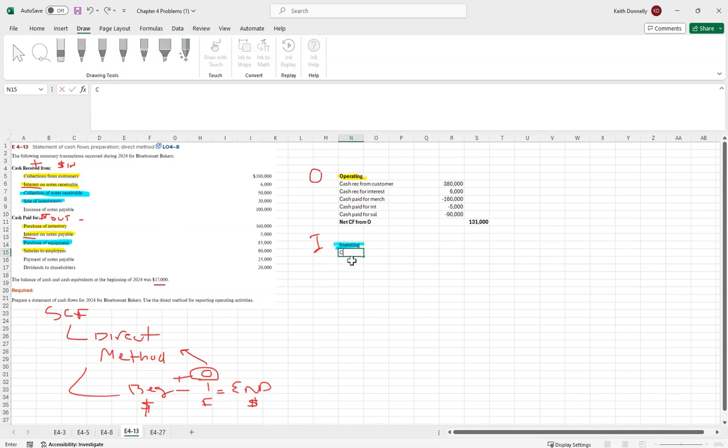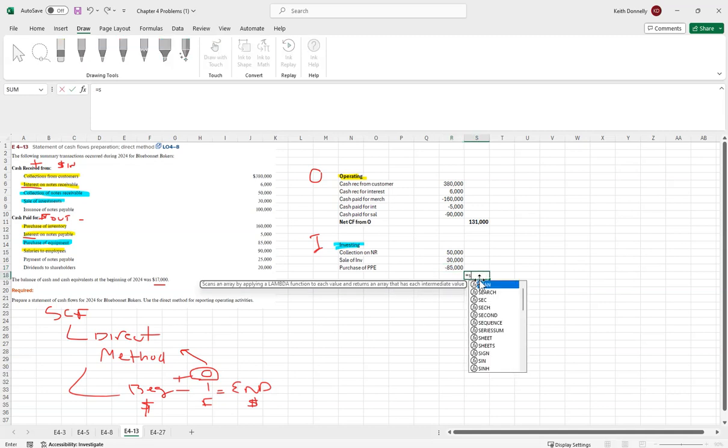So if we take these things, we'll have the collection on the note receivable. We'll have the sale of the investment. We'll have the purchase of the property, plant, and equipment. So we got 50. 30. 85.